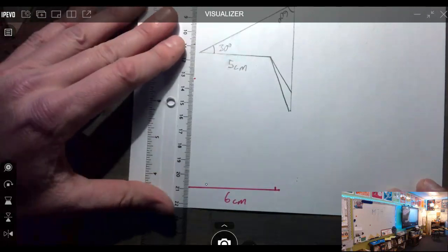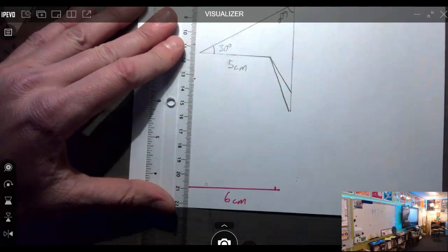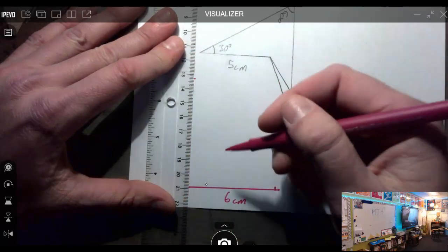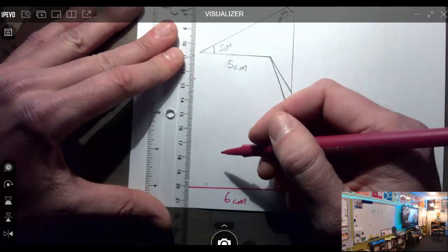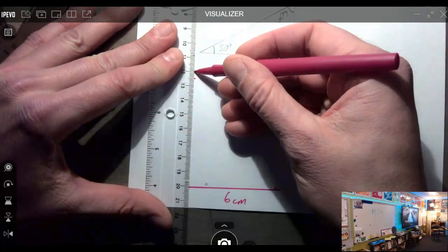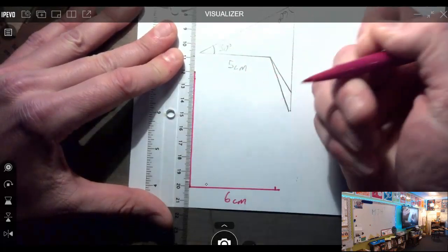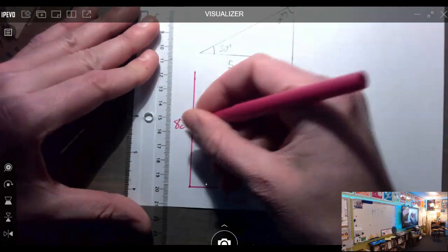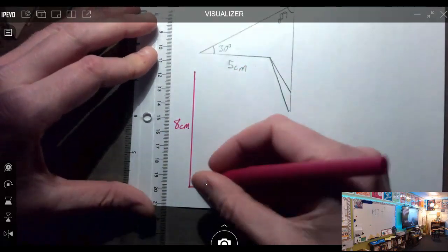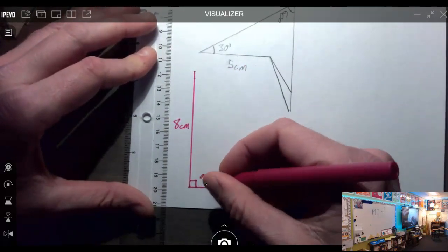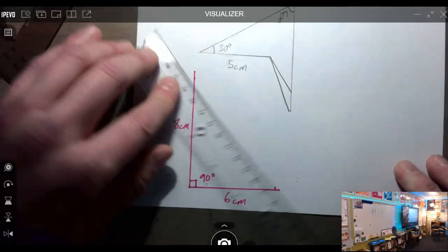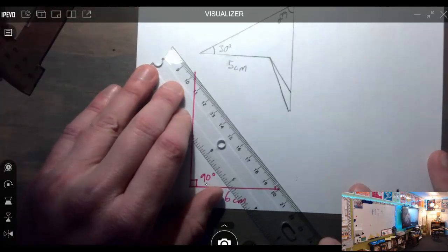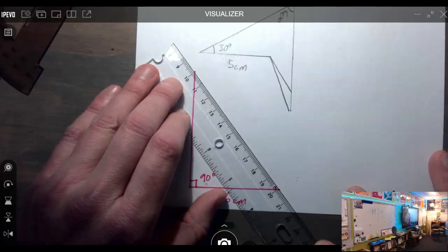Now I'll line it up to be perpendicular, but I'm only going to draw this line 8. So we made this 90 degrees. What is the length of the third side?